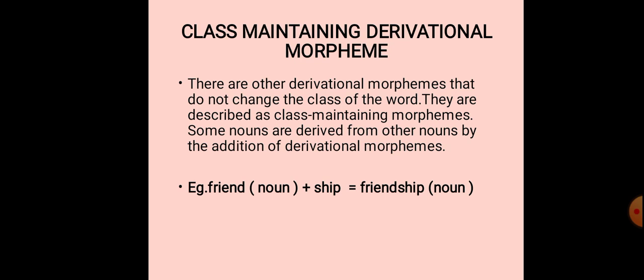They are described as class-maintaining morphemes. Some nouns are derived from other nouns by the addition of derivational morphemes. Example, friend plus -ship, which is equal to friendship.